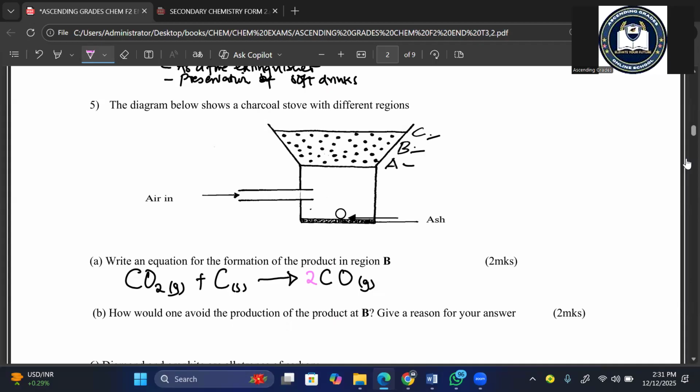For us to ensure complete combustion, then we need to burn charcoal in a sufficient supply of oxygen.